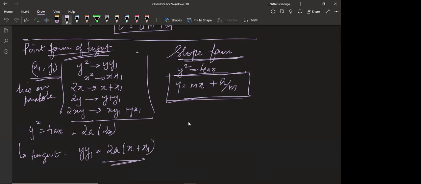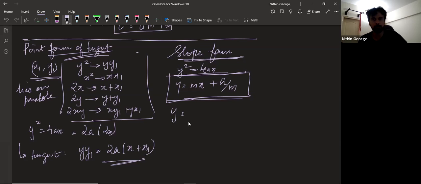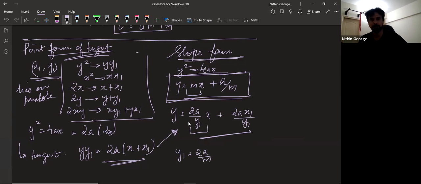Now, you can write this as y equal to 2a by y1 into x plus 2a x1 by y1, right? I'm writing it in y equal to mx plus c form. When you compare both, you can see that y1 can be written as 2a by m.